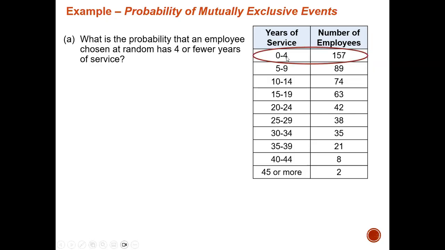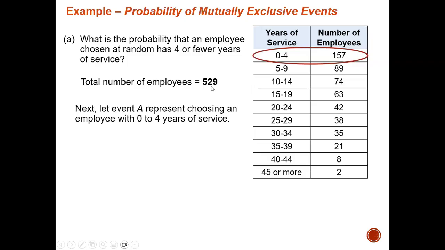Employees that have 0 to 4 or fewer years of service, here we are, 157. Okay, so we already found previously that the total number of employees was 529. So if A is our event, the favorable event of choosing an employee with 0 to 4 years of service, our probability for that event is this number, 157, out of the total number of employees, 529. So we can leave this as a fraction.